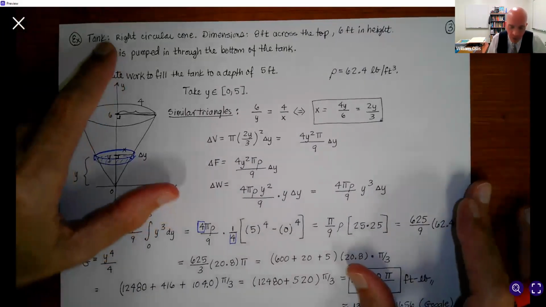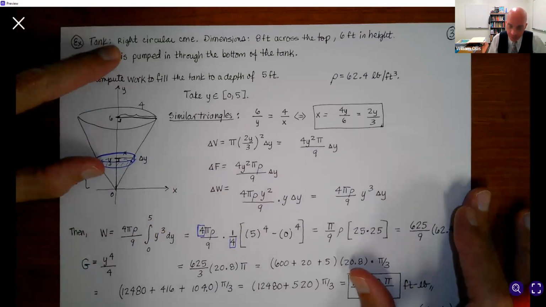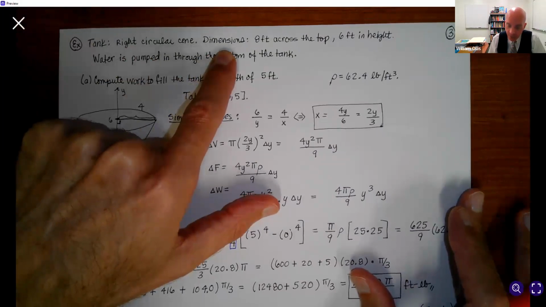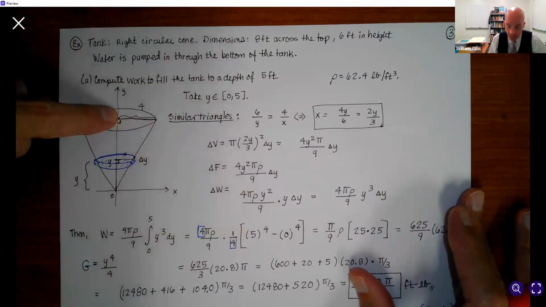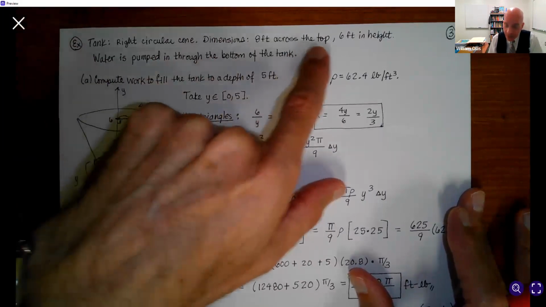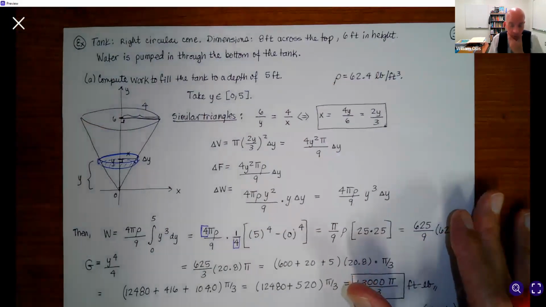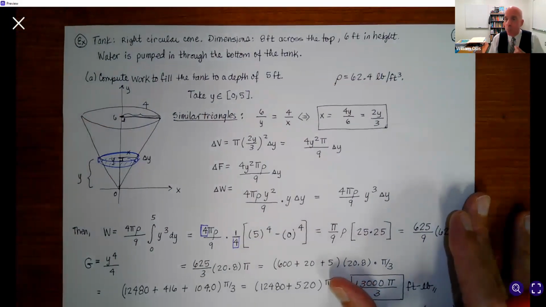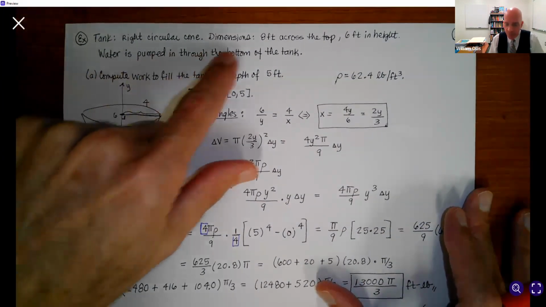Now, for this tank, again, we have a right circular cone. Here are the dimensions that are given in your homework. You have 8 feet across, so that means the radius is 4, and you have a height of 6 feet. Okay, now it's important to realize what you actually do in the problem. It says water is pumped in through the bottom of the tank.